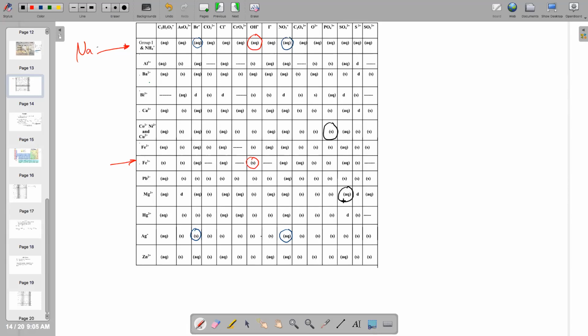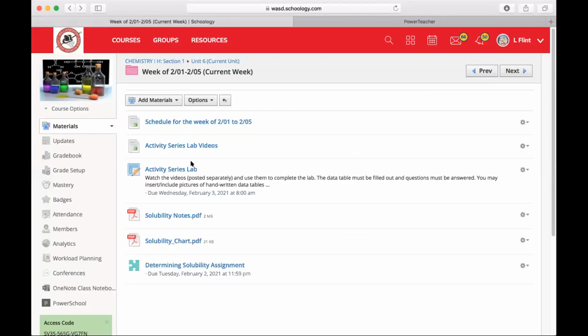All right, so for the determining solubility assignment, you want to have the solubility chart handy. And if you have the solubility chart handy, then you'll have no trouble with that. That's the thing you want to practice with now: using the solubility chart to get things figured out.